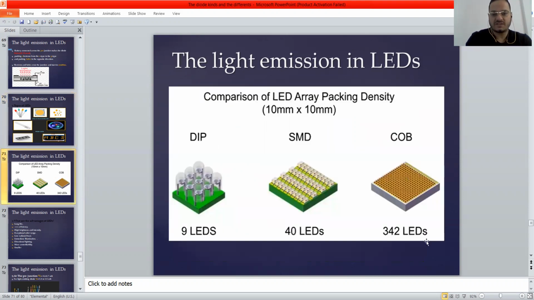This is very important to us. By using the same distance, I can put 10 LEDs, 40 LEDs of SMD, and 342 LEDs at the same distance.